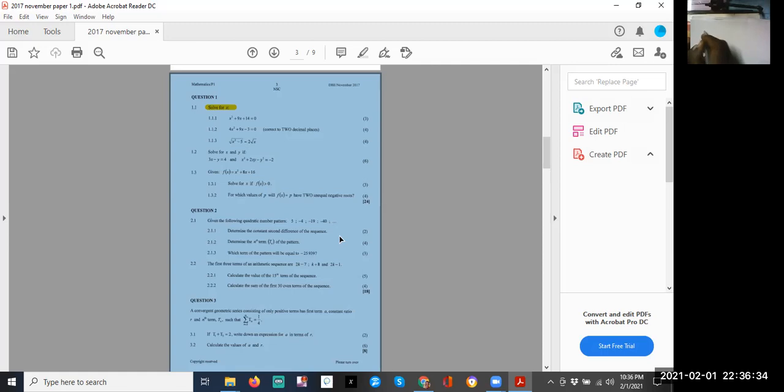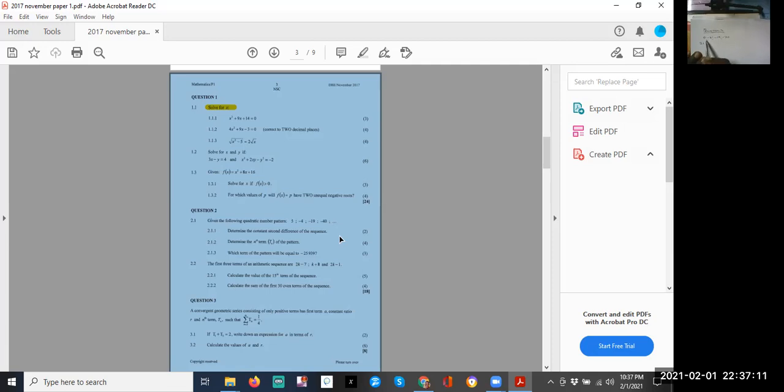That is question 2, and the pattern is 5, minus 4, then minus 19, then minus 40. Now, remember, this is quadratic. That is also called a parabolic pattern. So now 2.1 says, determine the constant second difference of that.